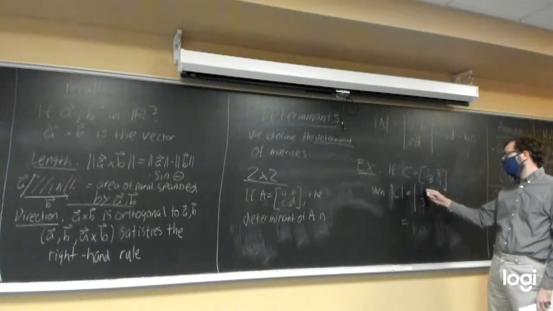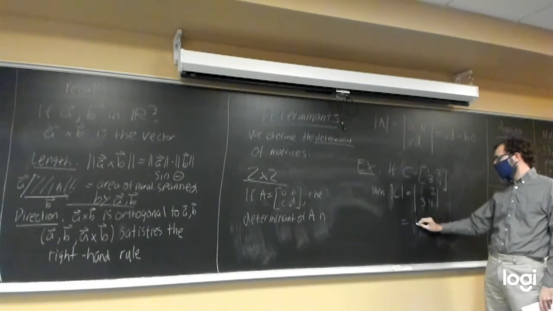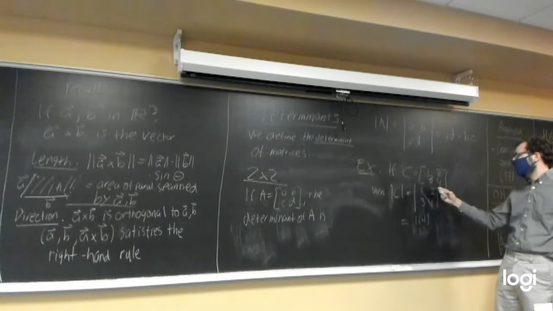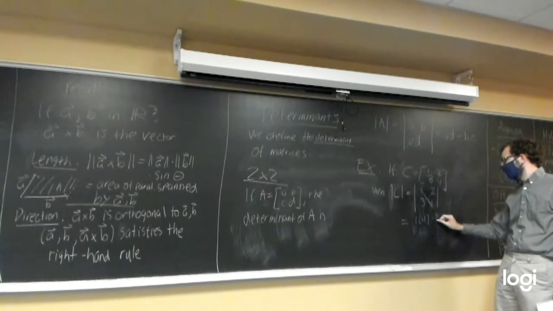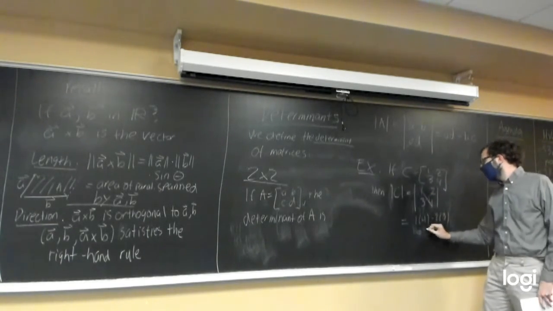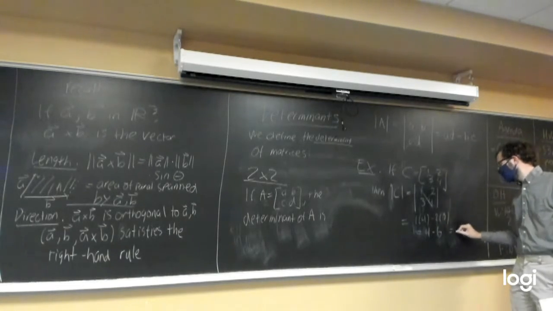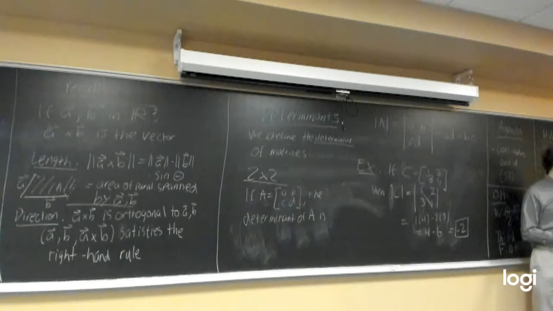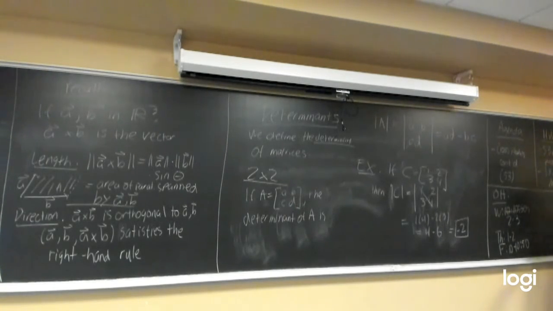I agree. Because if we take ad, in this case 1 times 4, and subtract what you get going down the other diagonal, 2 times 3, that's going to give us 4 minus 6, which comes out to -2.